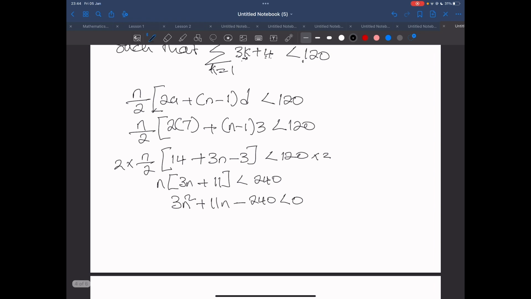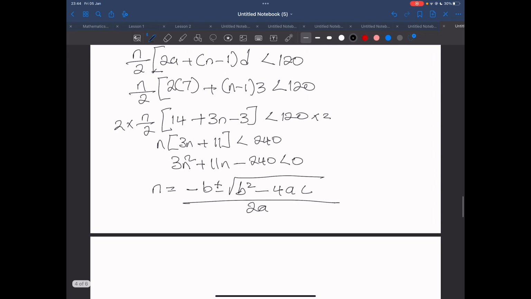In this type of equation, it is always easier to use the quadratic formula. You remember it from grade 11: n equals minus b plus or minus the square root of b squared minus 4ac, all over 2a.